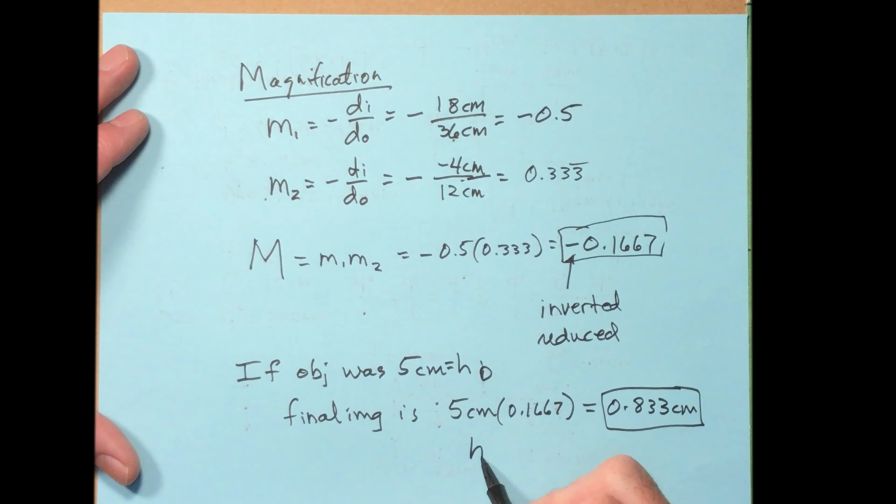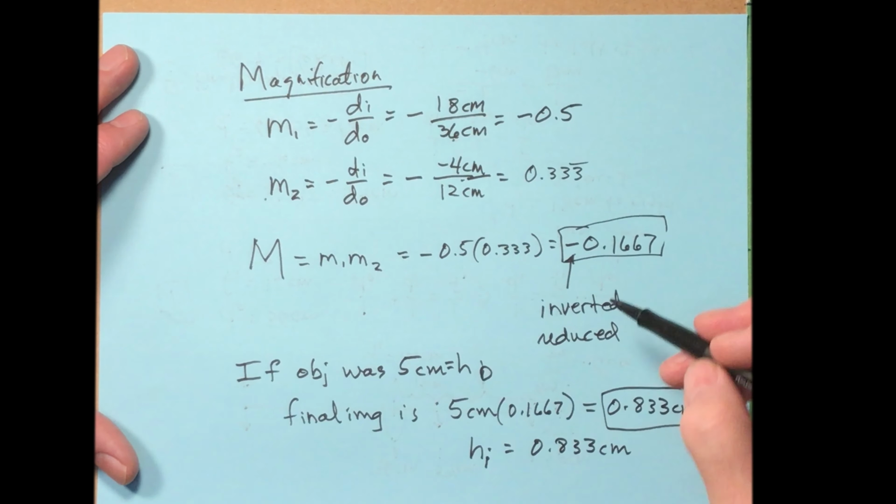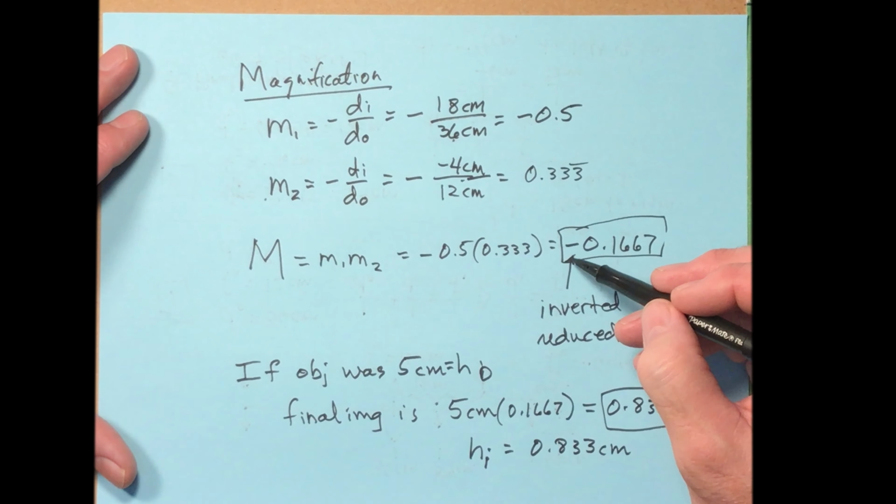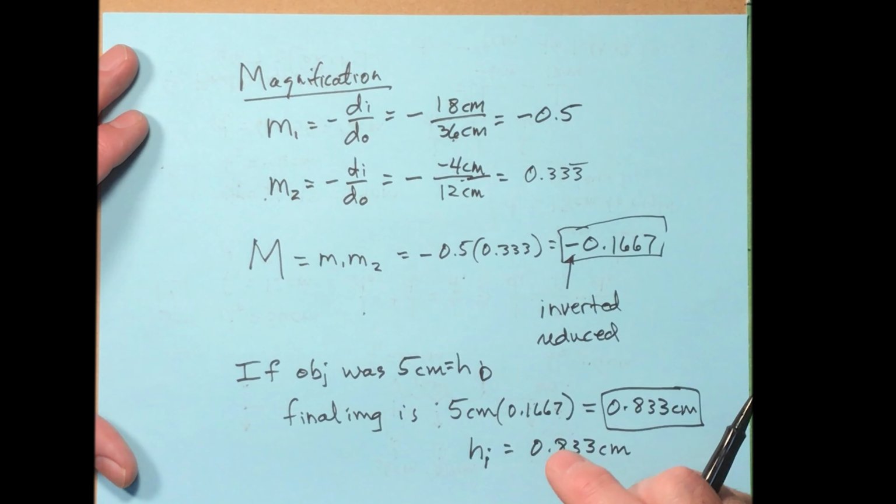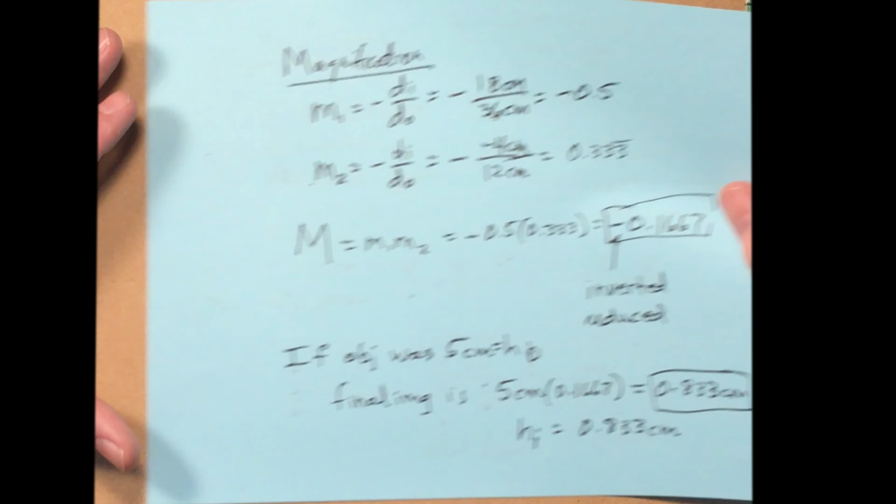So the h sub I is 0.833 centimeters, and it's going to be inverted, but the inverted goes with the magnification, it doesn't go with the height. The height is positive whether it's upside down or right side up. It's still the same height. So that's how high it would be, even though it would be inverted. Okay? All right, so we've done a problem.